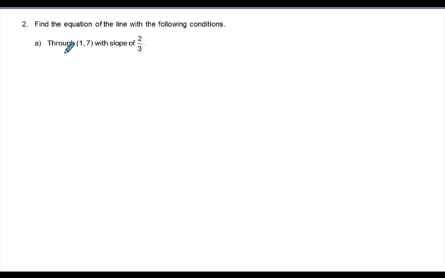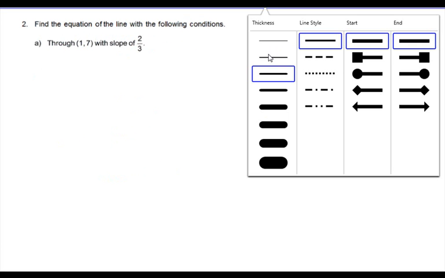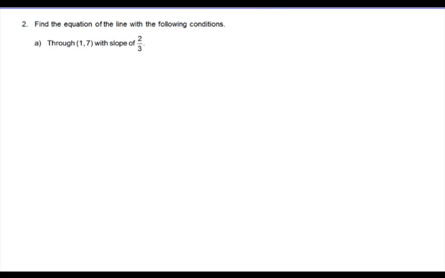Next, we have the set here. Find the equation of the line with the following conditions. We have the line through this coordinate pair 1, 7 with a slope of 2/3. For this, the recommendation is to use the point-slope form, and that point-slope form is y minus y1 equals m times quantity x minus x1.